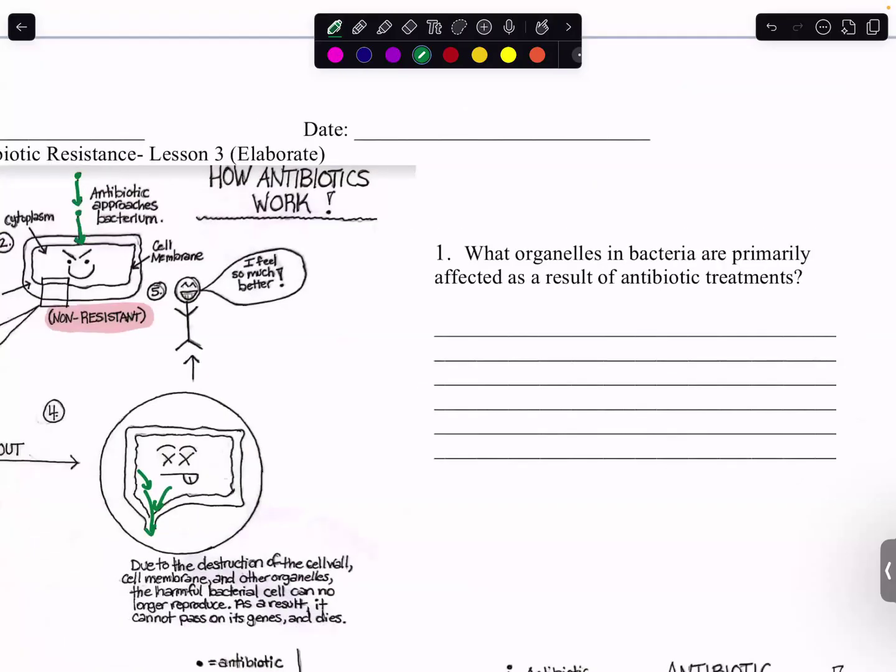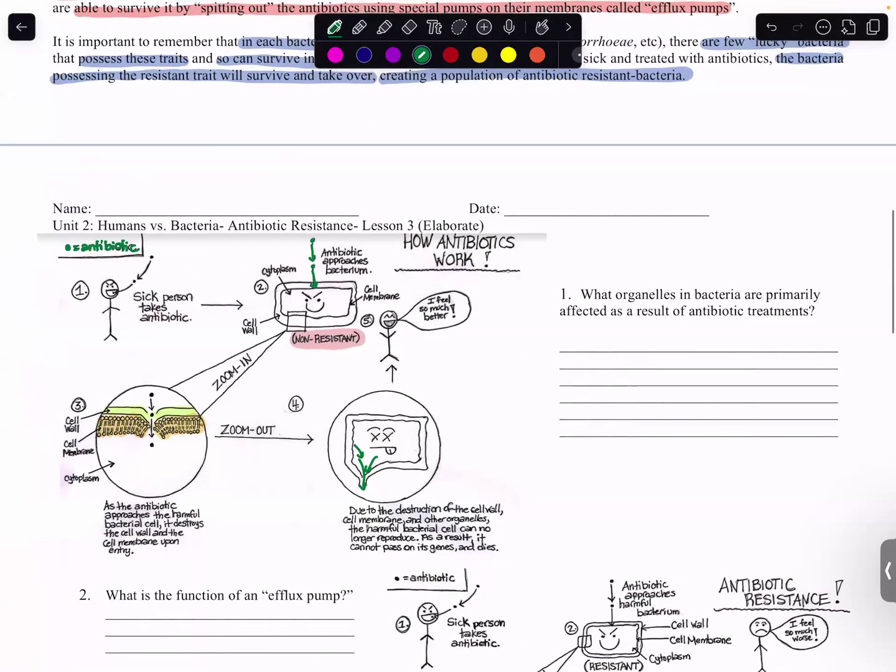So that's great. Now, if we look at number 1, it says what organelles in bacteria are primarily affected as a result of antibiotic treatments. Primarily, first and foremost, is the cell wall. What's also affected is possibly the cell membrane.